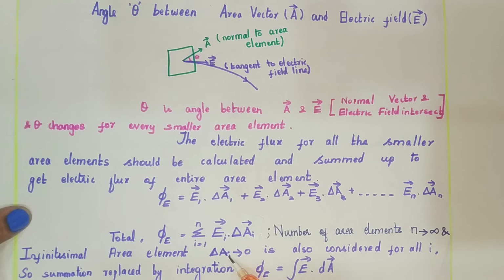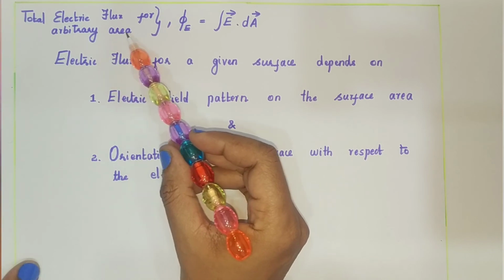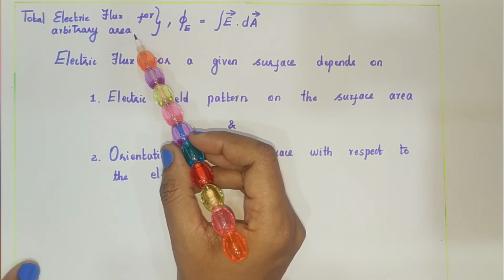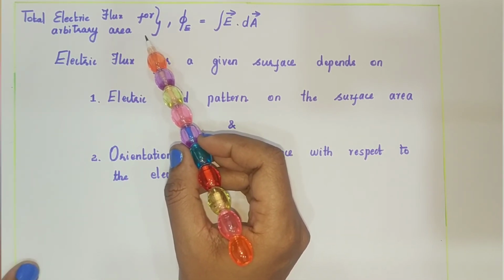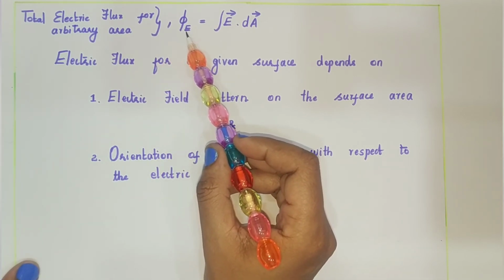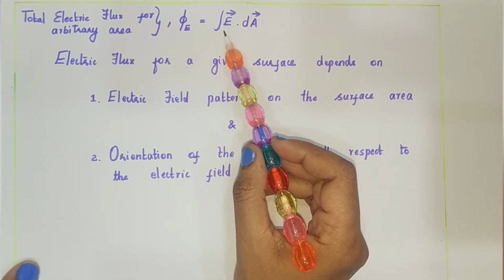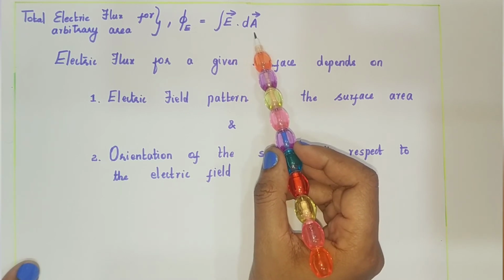So del Ai approaches 0. In this state, when del Ai approaches 0 and n approaches infinity, we can remove the summation and introduce the integration. So flux phi E is given by the integral of E vector dot dA vector. The total electric flux for an arbitrary area placed in a non-uniform electric field is given by phi E equal to integral E vector dot dA vector.